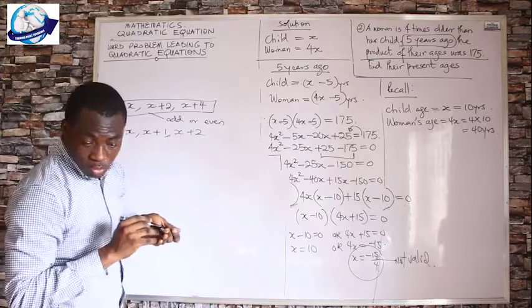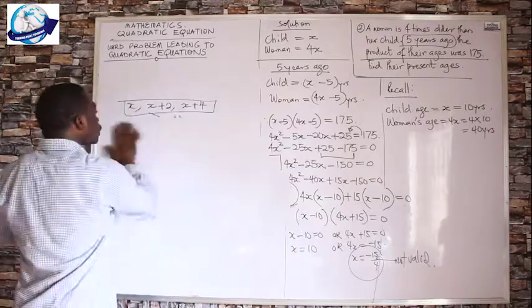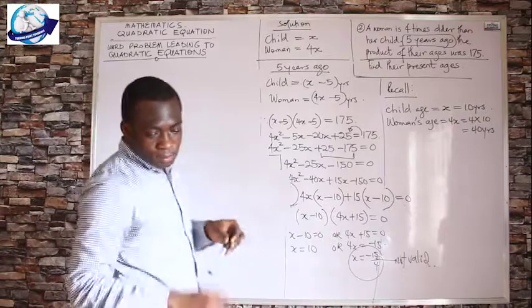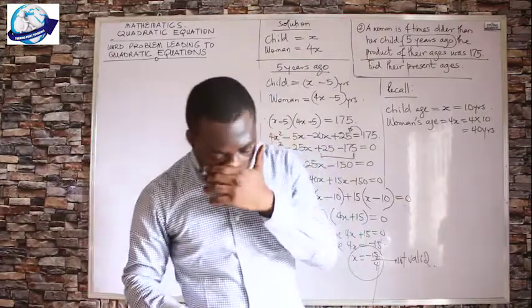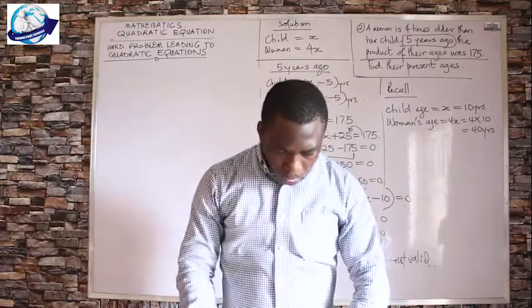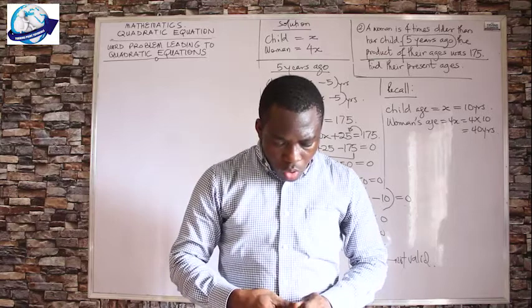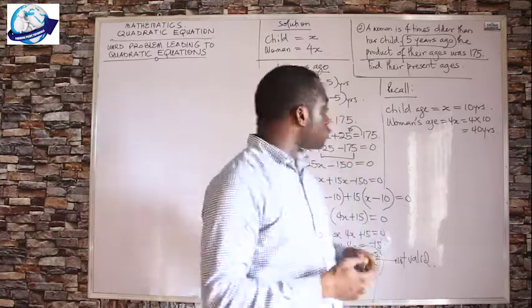So I'll solve the question now before we roll. Now let's see this question. It said, find 2 consecutive numbers whose product is 156.